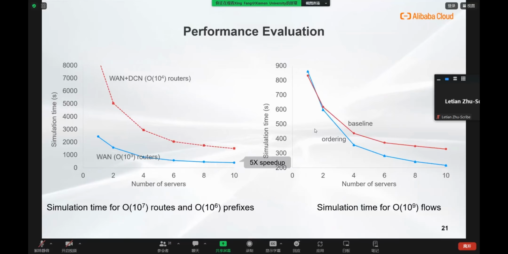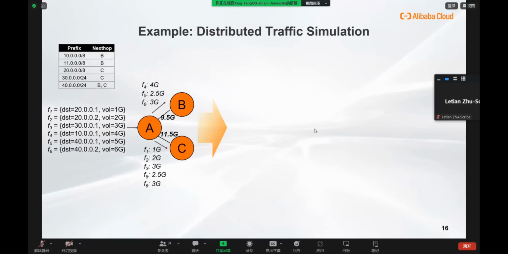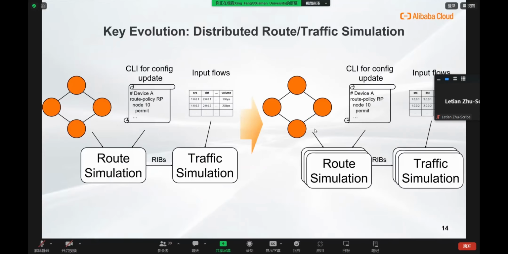Each device meaning a server running the task. Device is not a router, right? I would say the server. According to our experience, keeping the network topology is fine.